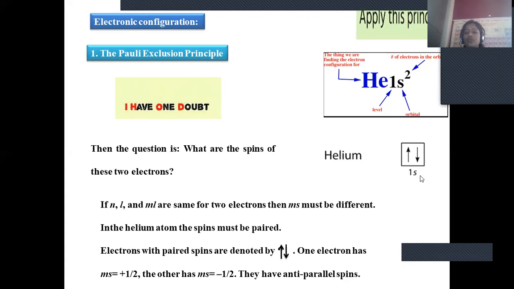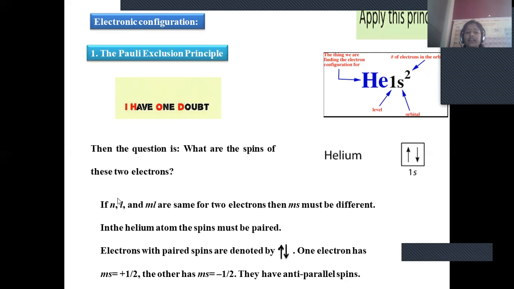L value. L is equal to 0, meaning only the S orbital has electrons, so the L value is 0. Then what is M, the magnetic quantum number? It also becomes 0. Being L is 0, M also becomes 0, because the M value is always derived from L.